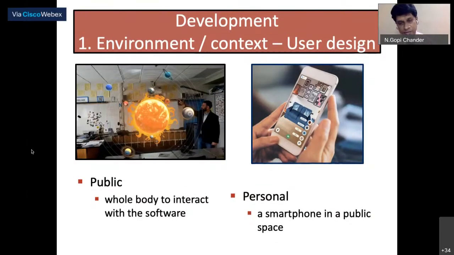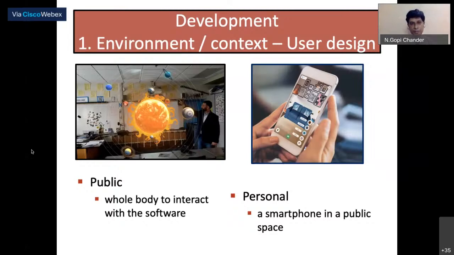What we see is going to be the major concern. All these are technical aspects, but in terms of user platforms, it is classified by what users do. We have public interfaces, where you can change things in the entire room, as seen in the picture, where the whole body interacts with the software systems and all the algorithms that have been designed. This is majorly seen in news reading rooms.